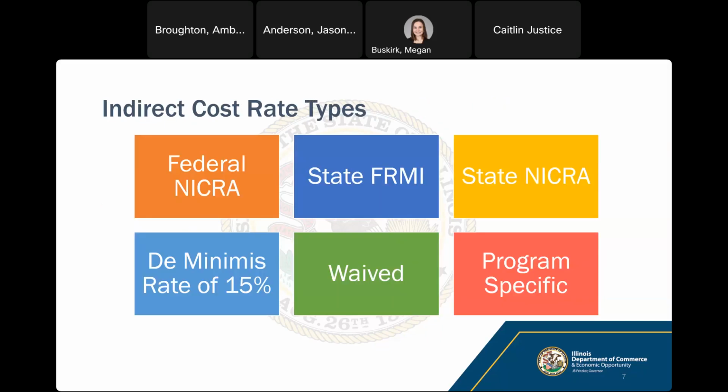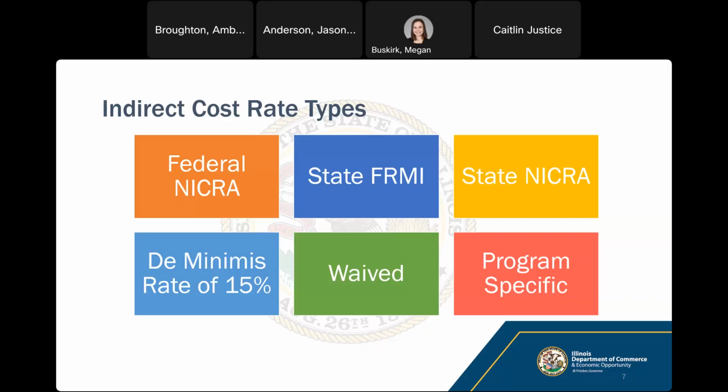Indirect cost rates allowed by the State of Illinois include the Federal Negotiated Indirect Cost Rate Agreement, or federal NICRA, the state federal rate maintained internally, or state FRMI, state negotiated indirect cost rate, or state NICRA, de minimis rate of 15%, waived rates, or special program-specific rates.